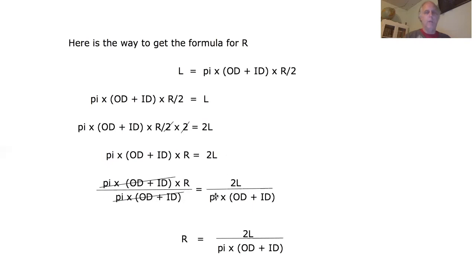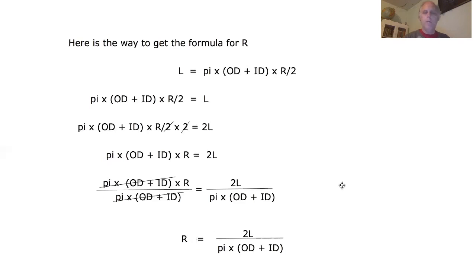And we do the same to the right-hand side of the equation. And these two values cancel out. And we're left with R is equal to 2 times the length over pi times (outer diameter plus inner diameter). So now we have this value for R. We can calculate that with the values that we've already measured or obtained from the package.